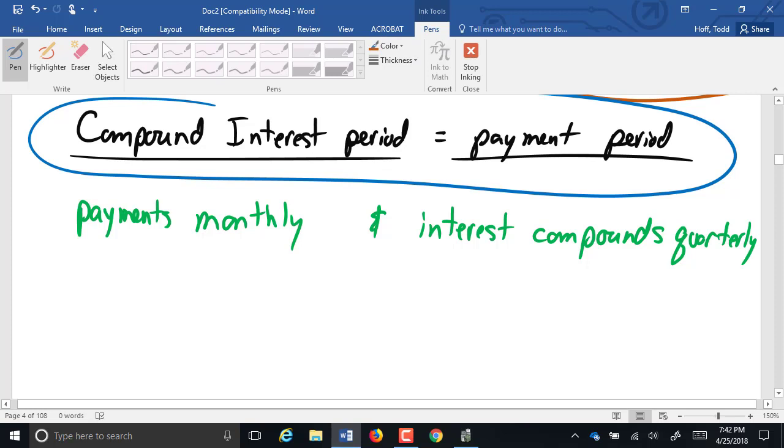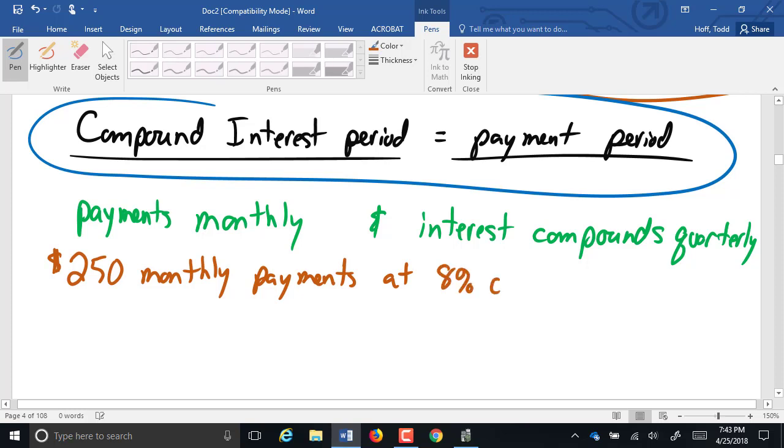So let's do $250 monthly payments at 8% compounded quarterly for 30 years.